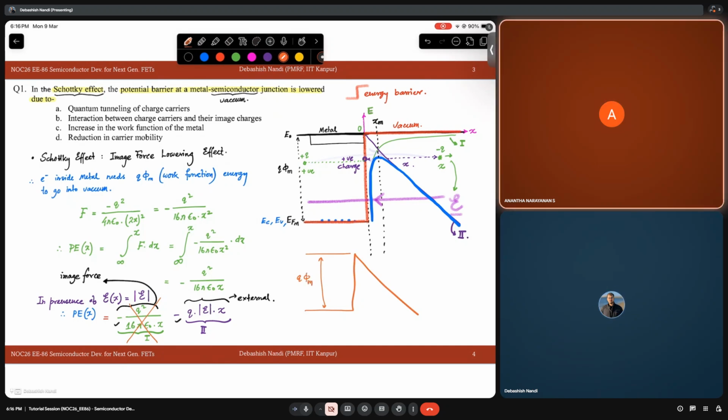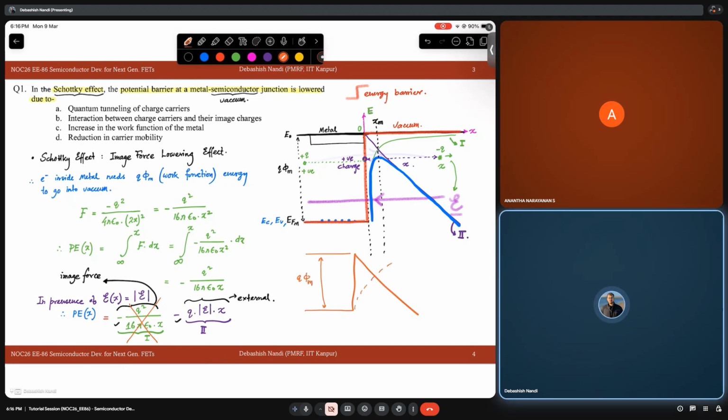Now, due to presence of another potential, my overall potential energy is getting reduced. So the barrier is lowered by, let's say, delta phi amount. The consequence of that I will discuss, but let's go step by step.